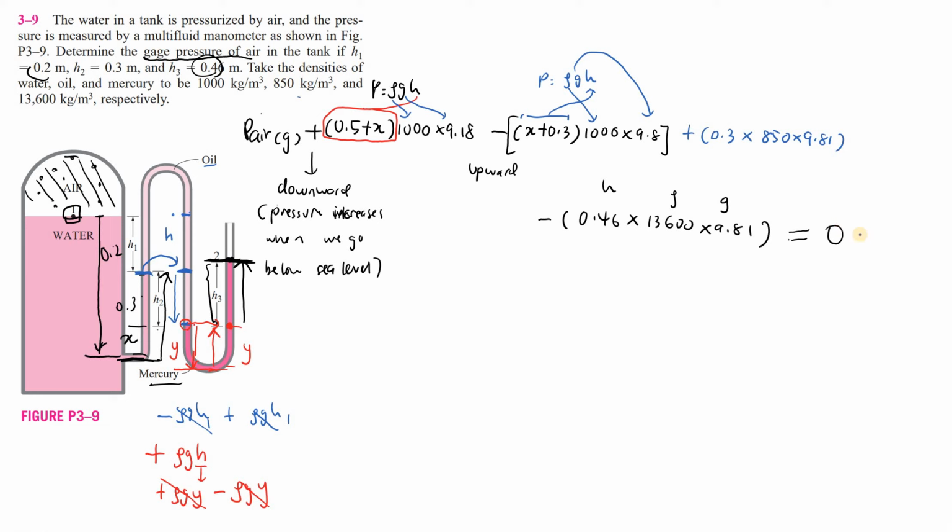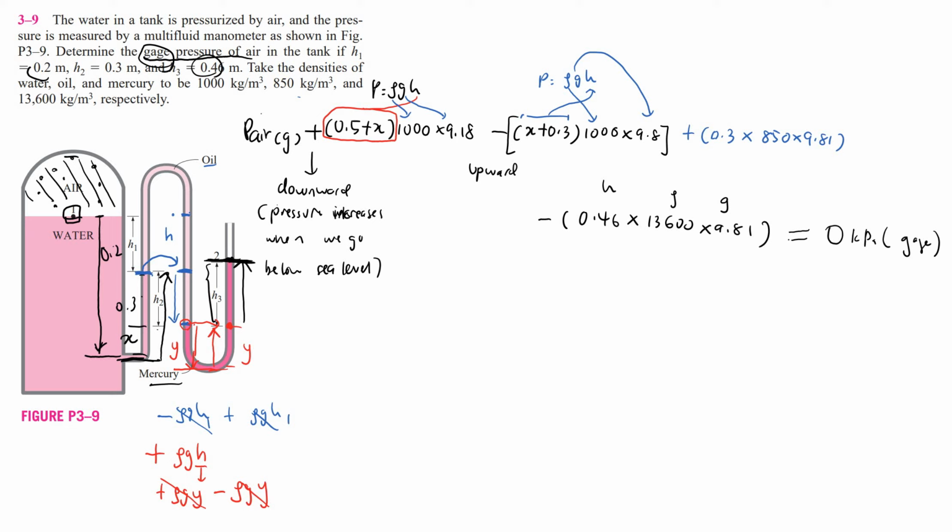So it becomes 0 kilopascal gauge, which is also equal to 101 kilopascal atmospheric. But this time, because the question specifically asks for gauge pressure, we simplify. We don't have to include that. Now we solve for this equation.